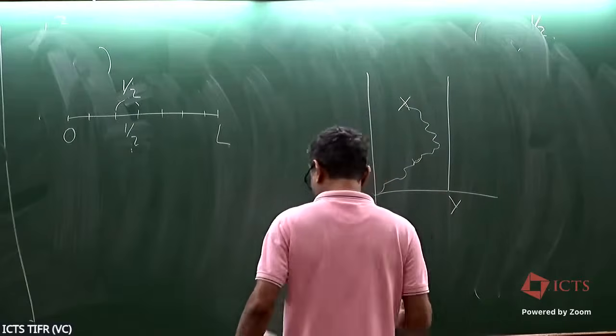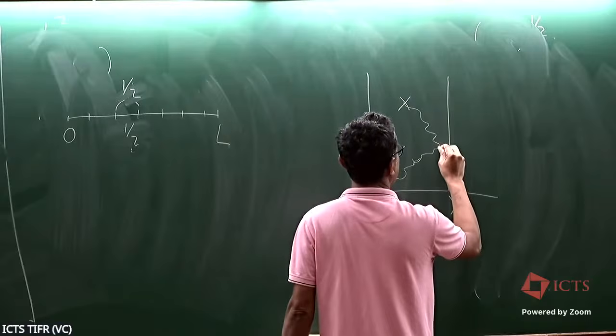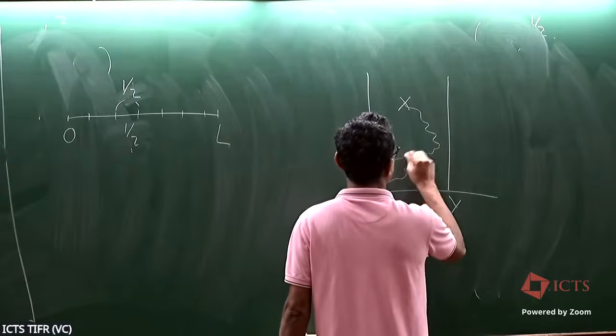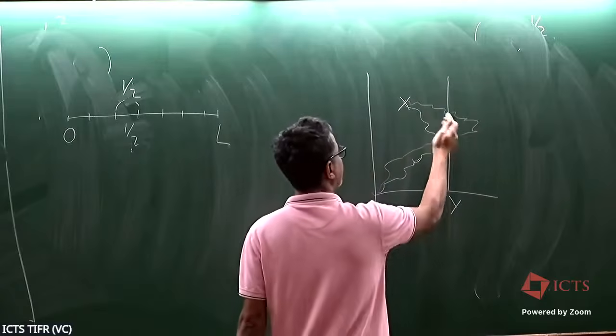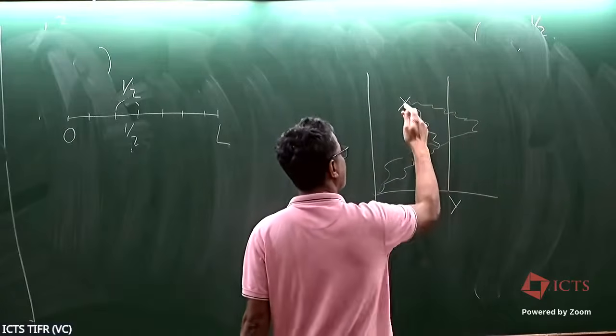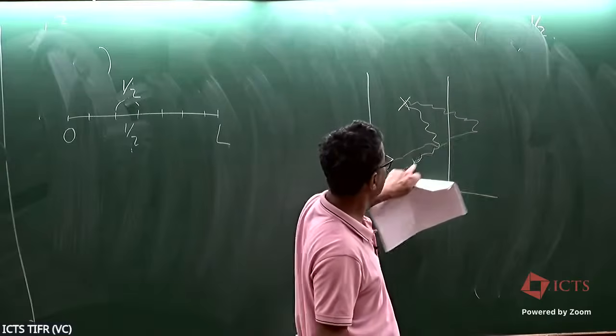Okay, so for paths which cross this line, there are two kinds of paths. Some paths cross this line and come here. Some paths don't cross. So we want to remove all such paths.